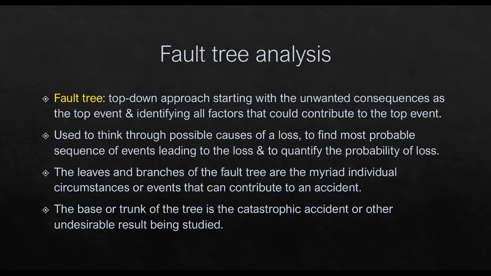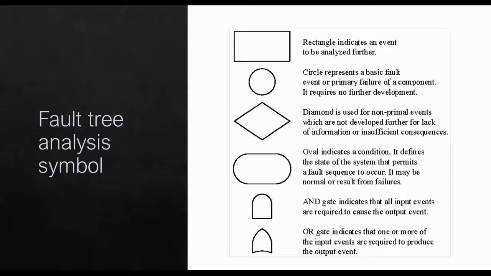We know that a tree has leaves and branches. The leaves and branches of the fault tree are the myriad individual circumstances or events that can contribute to an accident. And the base or trunk of the tree is the catastrophic accident or other undesirable result being studied.